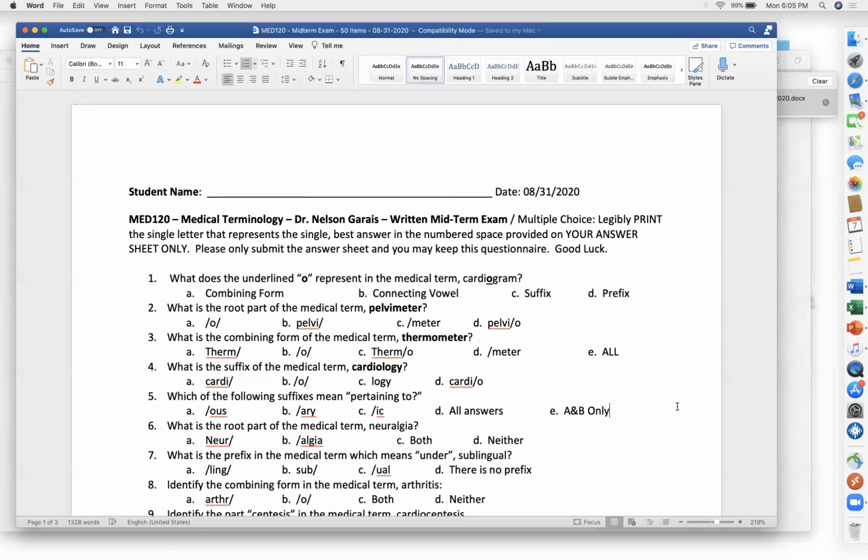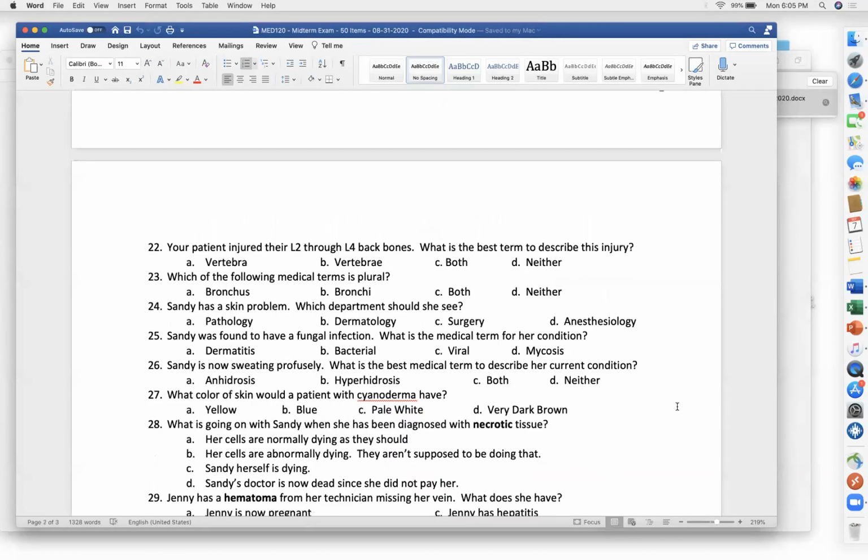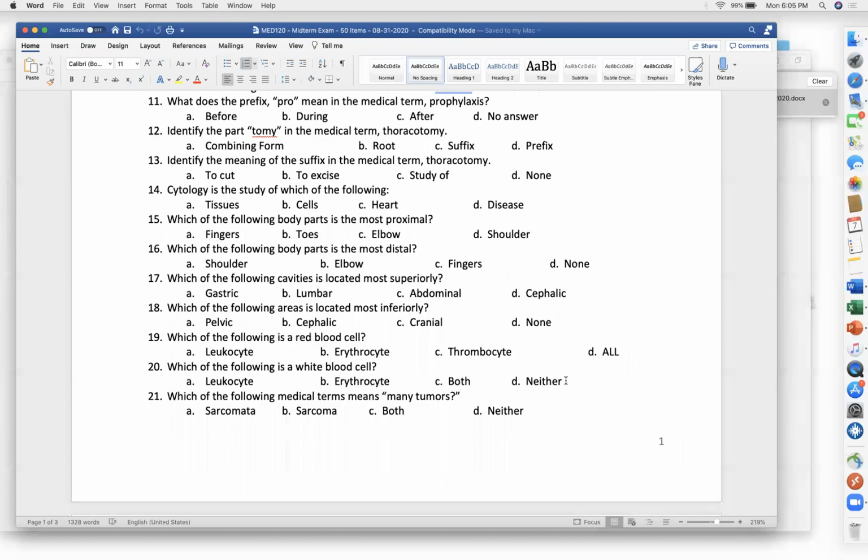The other ones are pretty straightforward, and here, a decent amount of people got the week 2 lecture wrong, which is items like 20, 21, 22, 23. So you look at 21: which of the following medical terms means many tumors?